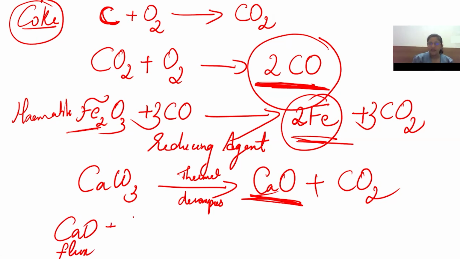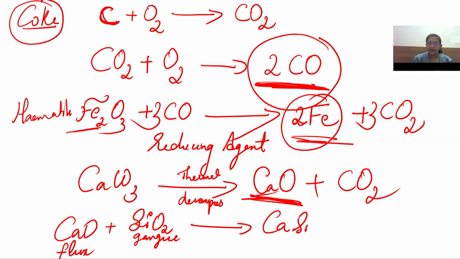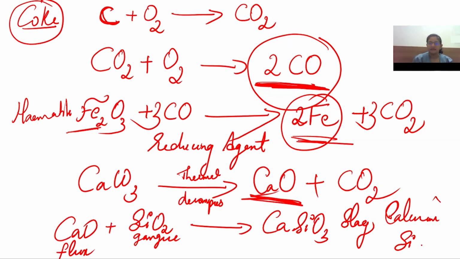This flux will react with our silicon dioxide, that is the gangue, right? This flux will react with the gangue forming CaSiO₃. What is this? This is called slag, and it is called calcium silicate.